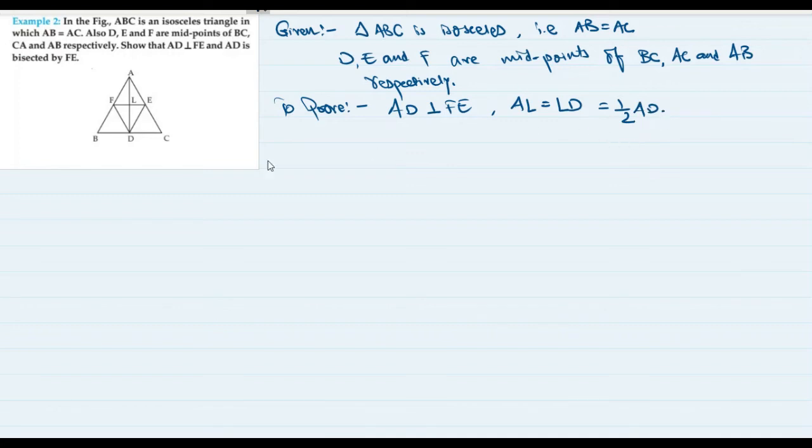That is what we have to prove. We have to prove that L is the midpoint of AD, that AD is bisected by FE at L. There is no construction required. Let's directly start with the proof.